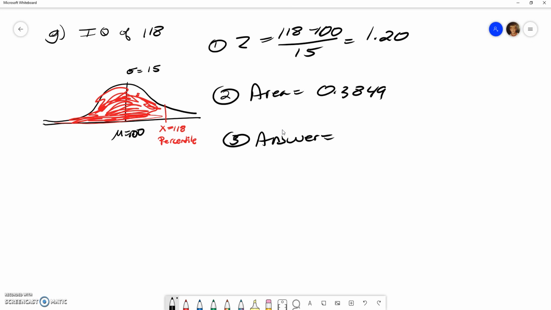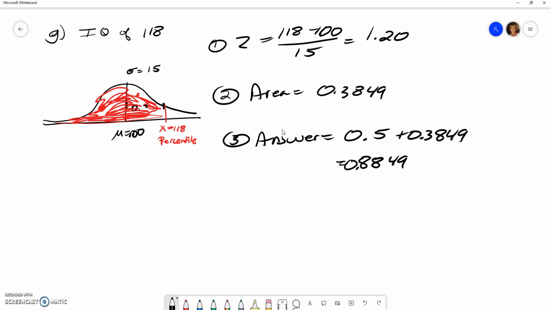readily observable, is that we add 0.5 to the area we got in step 2. So this is 0.8849. Remember that the area we get in step 2 is always from the middle outwards.